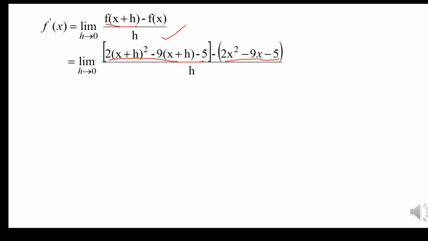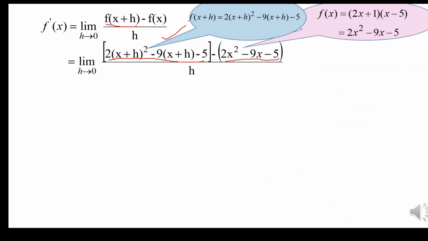Then we will get f'(x) equals the limit when h approaches 0 of, now you substitute, f(x plus h), minus f(x). So what is f(x)? 2x squared minus 9x minus 5. Then don't forget to divide by h.